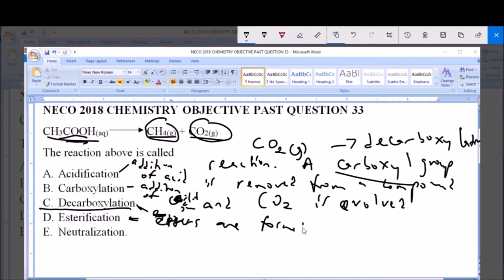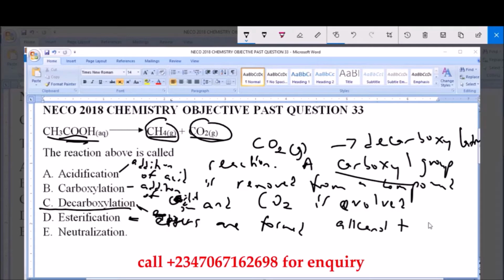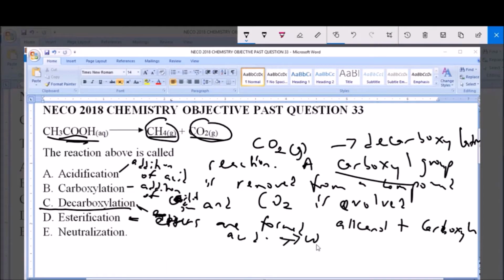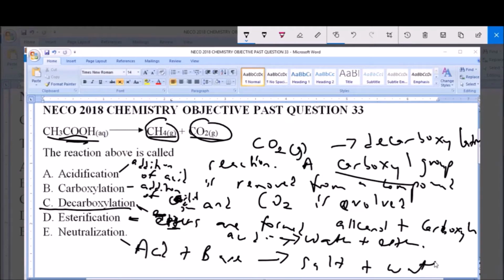Esters are formed as a result of reaction between alkanol and carboxylic acid to produce water plus this ester. And then neutralization is the reaction between acid and base to give salt and water only. So as you can see, decarboxylation involves removal of a carboxyl group to give CO2, carbon dioxide, which is what we have in the reaction.